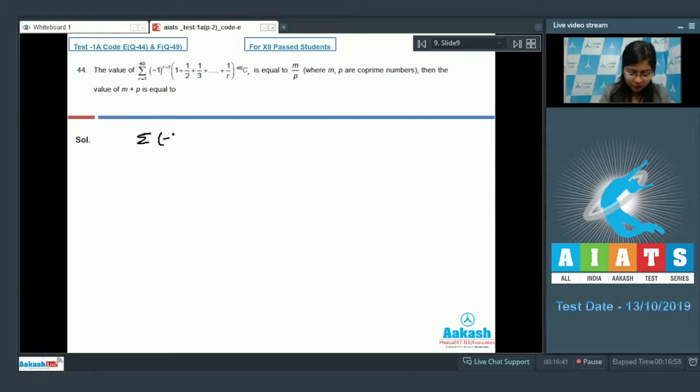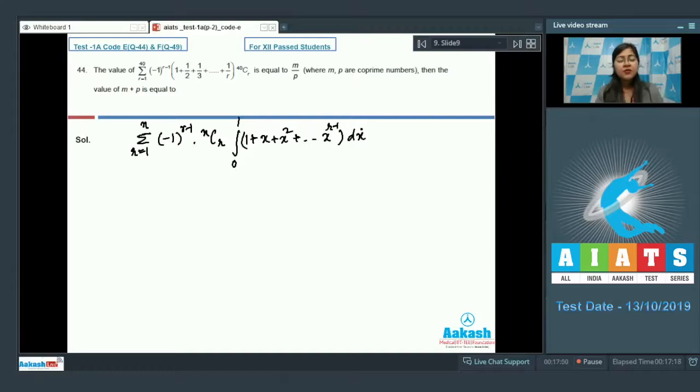So we can write it equal to summation r going from 1 to n, minus 1 raised to the power r minus 1 into nCr into integral from 0 to 1 of (1 plus x plus x square and so on up to x raised to the power r minus 1) dx. See, if you integrate it, we will get x plus x square by 2 and so on up to x raised to the power r upon r.